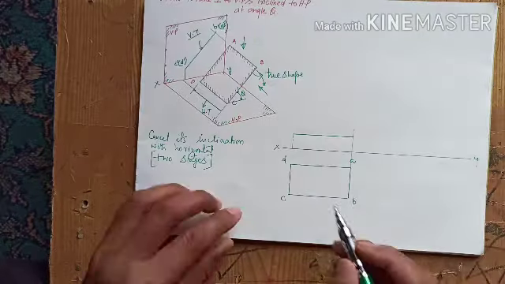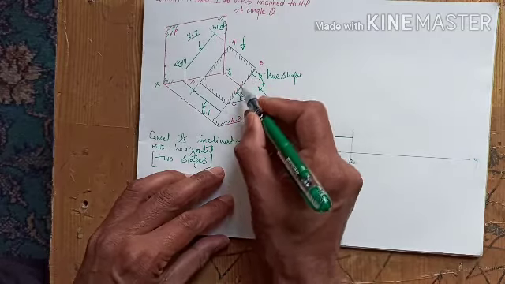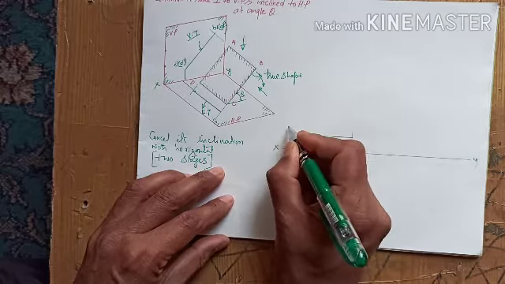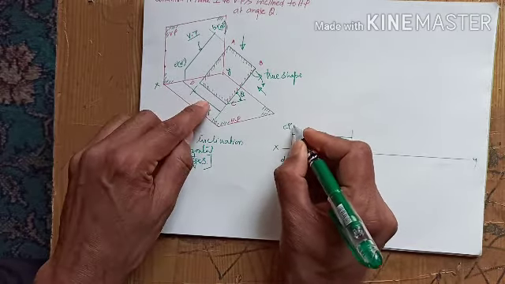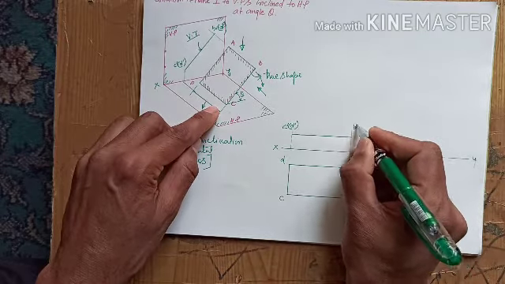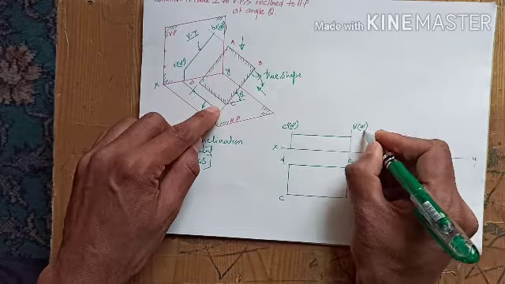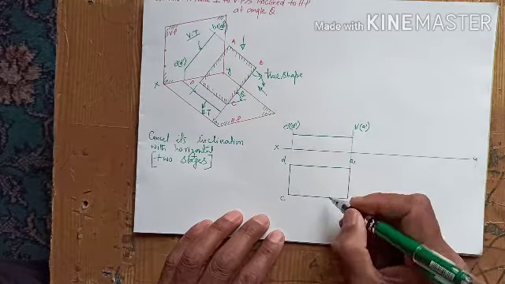If I look at it from here, I can see this straight line. This end is C prime, and behind C is D prime, and here this is B prime and A prime. That is the first stage.